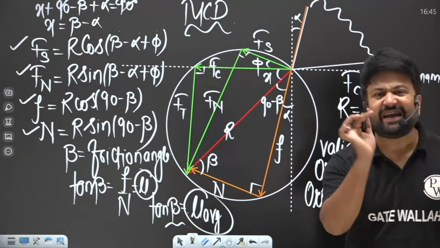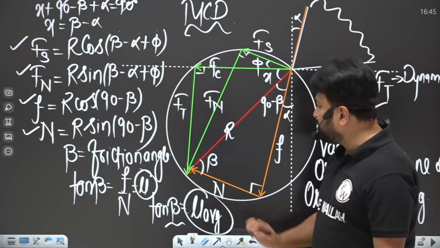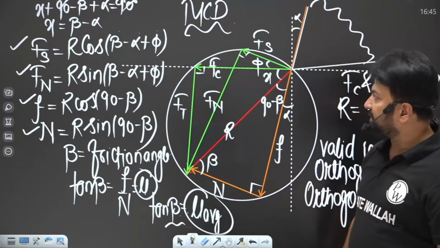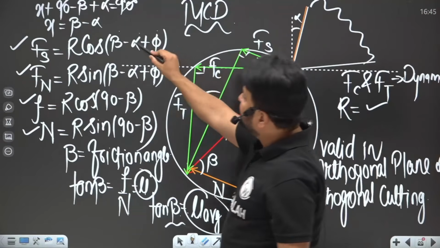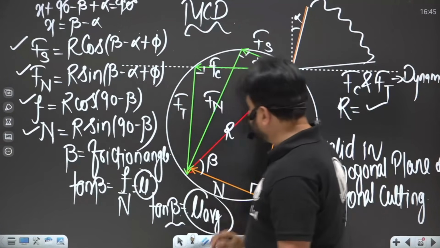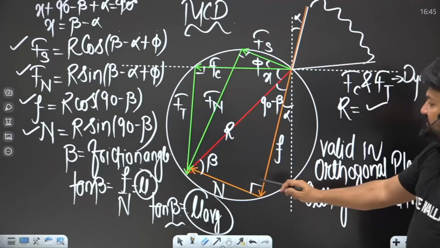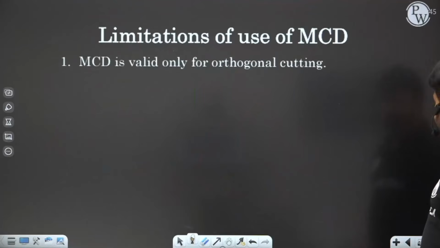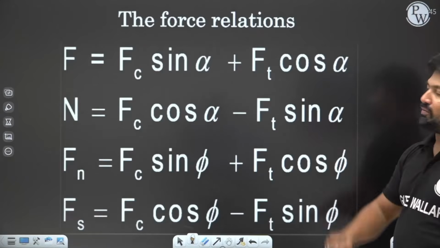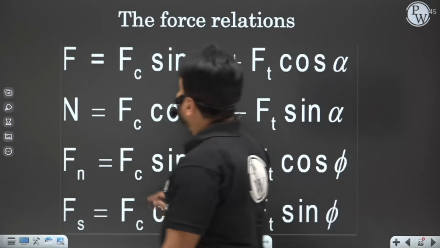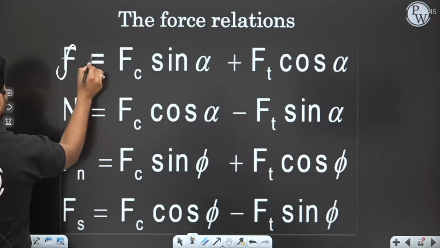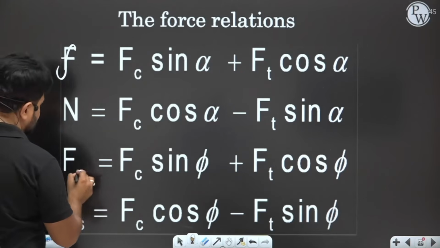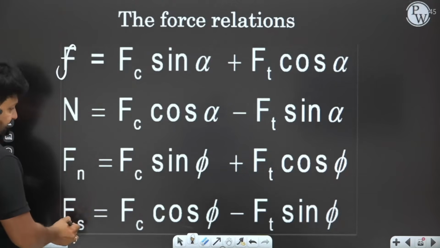Suppose in any case you are not able to find the value of beta, because for this you need the value of beta, alpha and phi. In that case you can directly apply this formula to find the friction force, normal to the shear force, and the shear force.